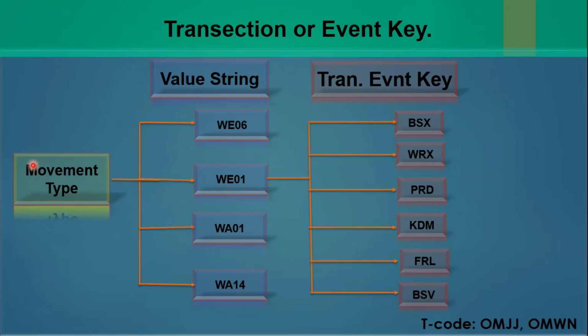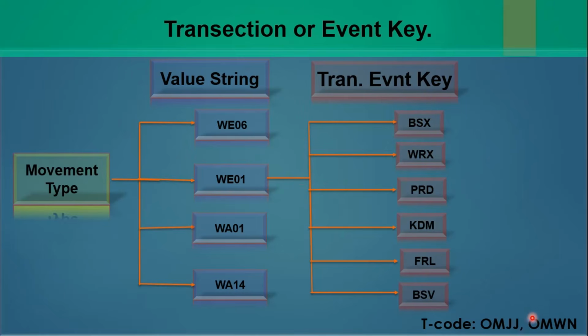This means that at least two transaction event keys are involved in each posting. The transaction event keys for a posting are derived from the posting string. We have seen that if I do a 101 movement, while receiving goods, WE01 will trigger as a valuation string, and further BSX and WRX will trigger.